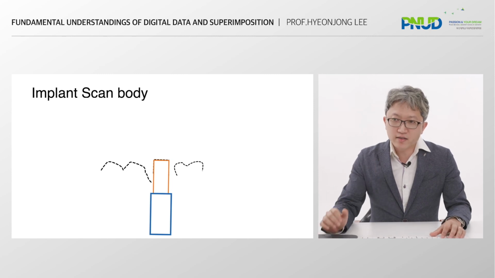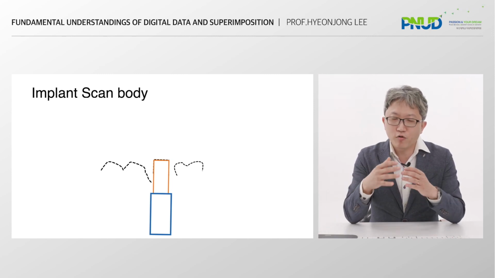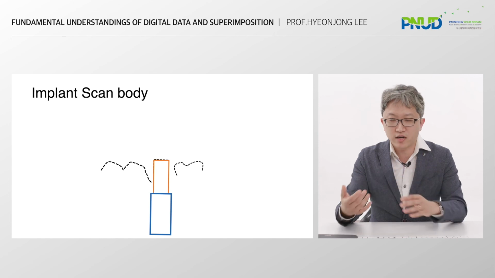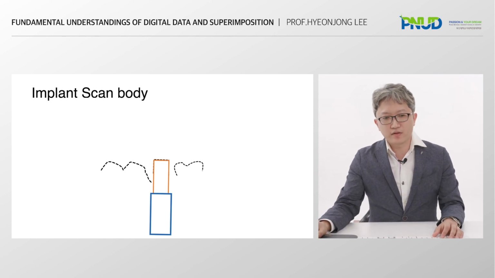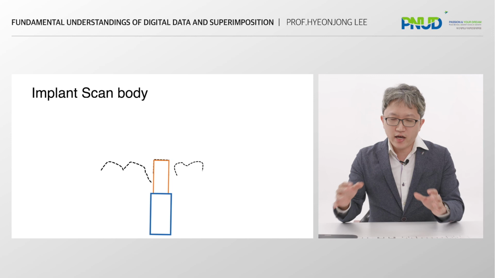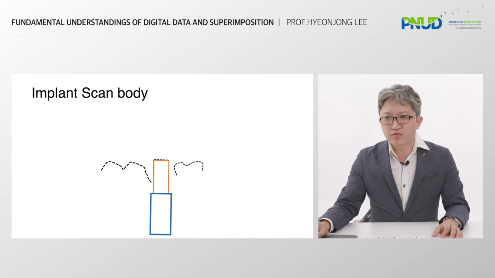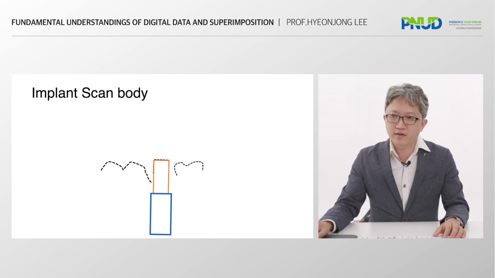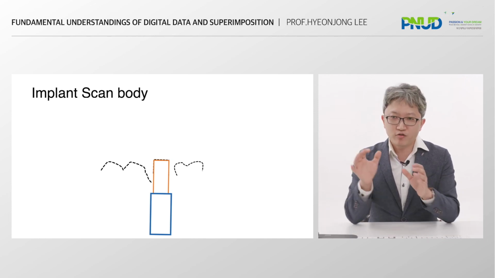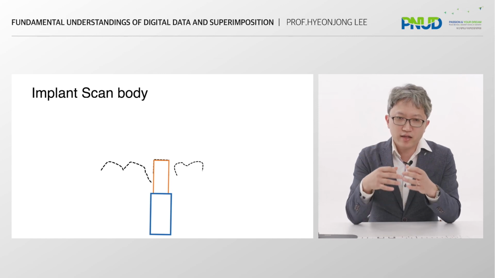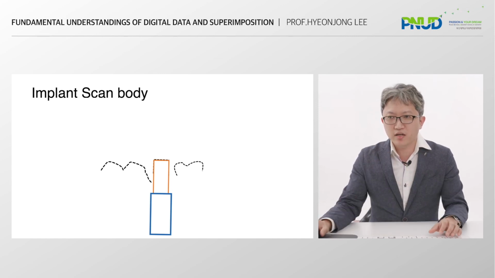However, we performed several studies, and even with some holes in mesial or distal, the accuracy of superimposition was not that low. We couldn't find a statistical difference between a completely scanned scan body and a mesially and distally open scan body. Actually, it doesn't matter.